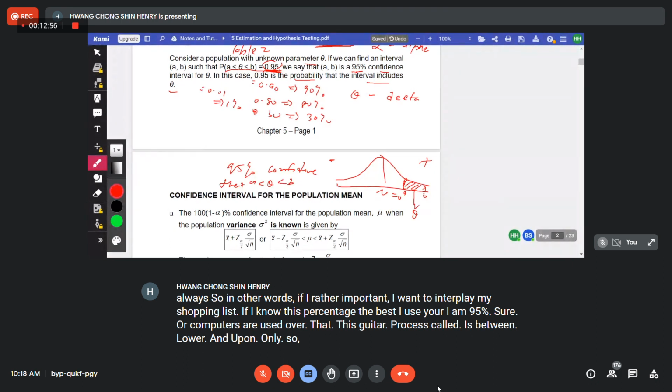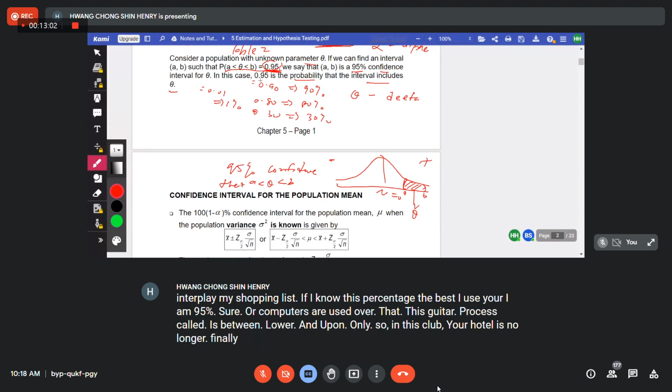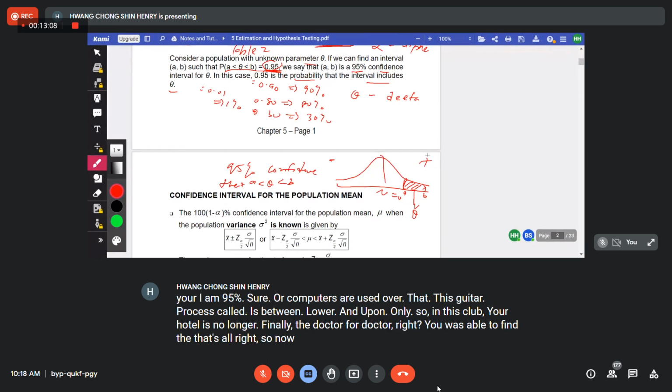So in this part, your job is no longer to find the theta. Chapter 4, part 2, right? Use table Z, table 2, to find the z-score, right? So now you're going to find the A and B.